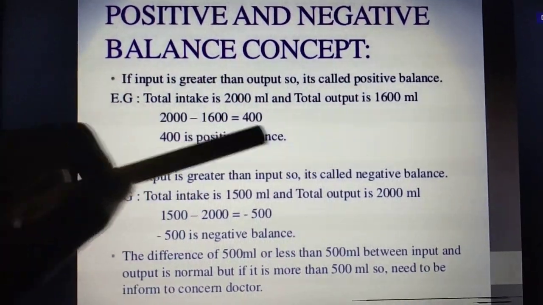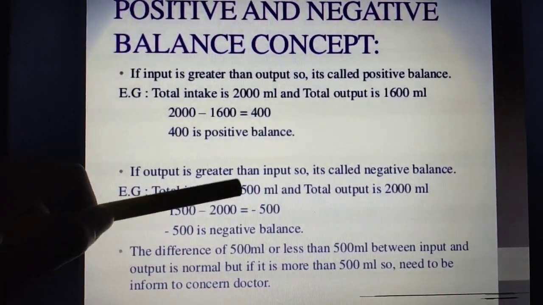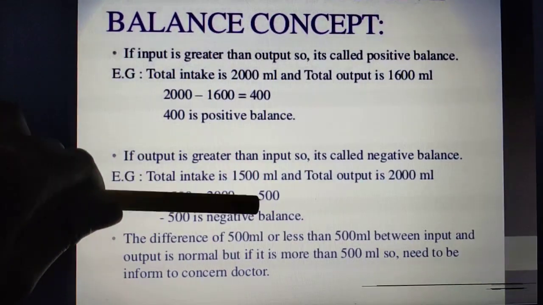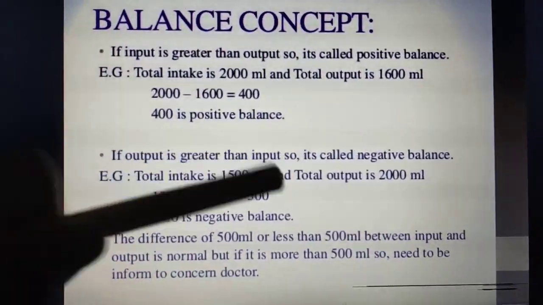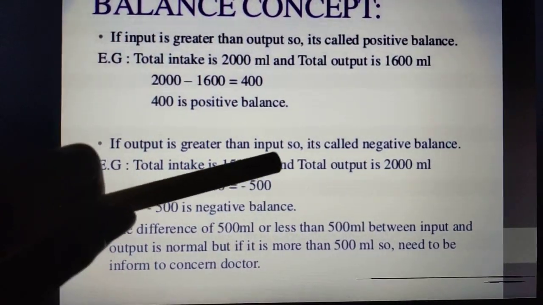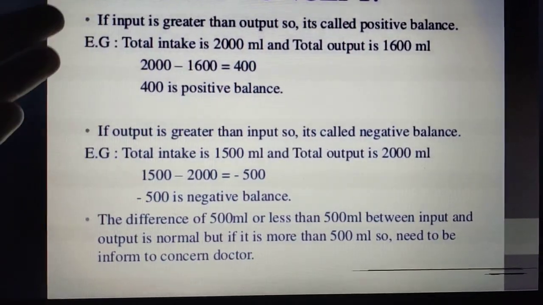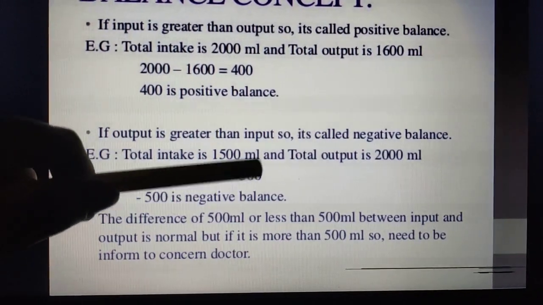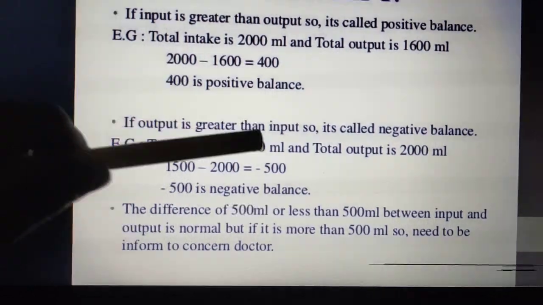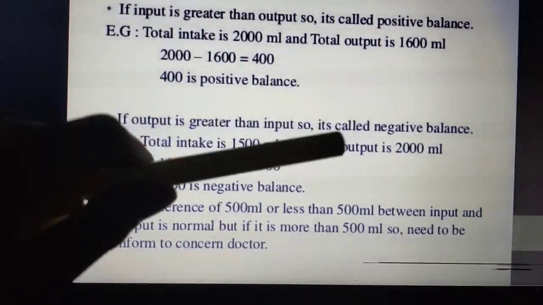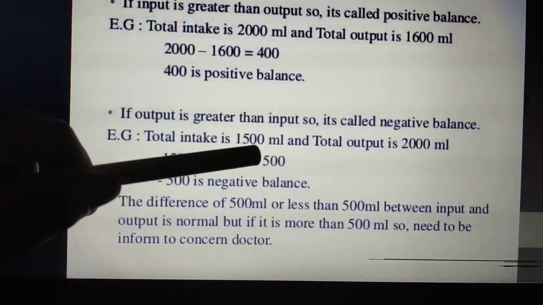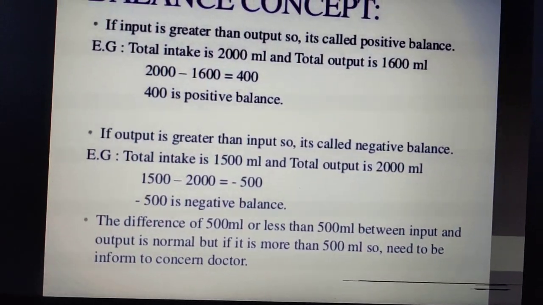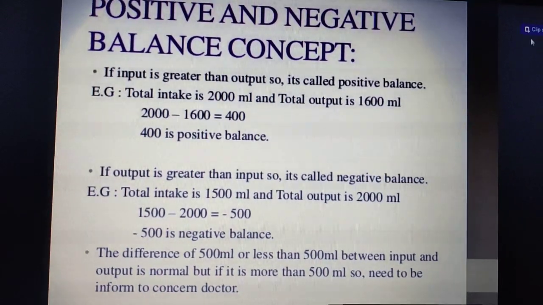If the output is greater than the input or intake, that we call negative balance. Any difference within 500 ml, either positive or negative, approximately 500 is a normal thing. If more than 500 ml difference comes, we have to inform the doctor. Clear? Understood? I will give you some examples, then you can understand easily.